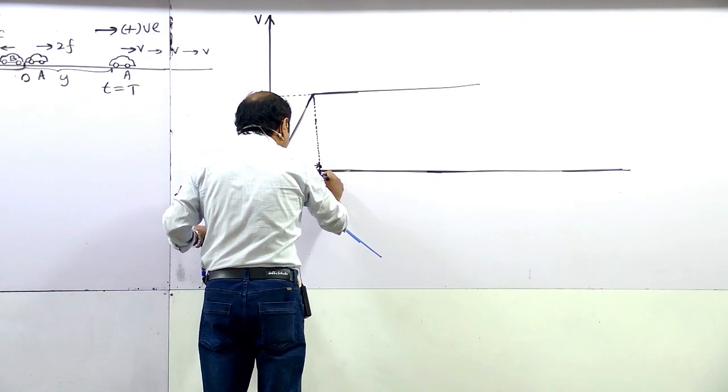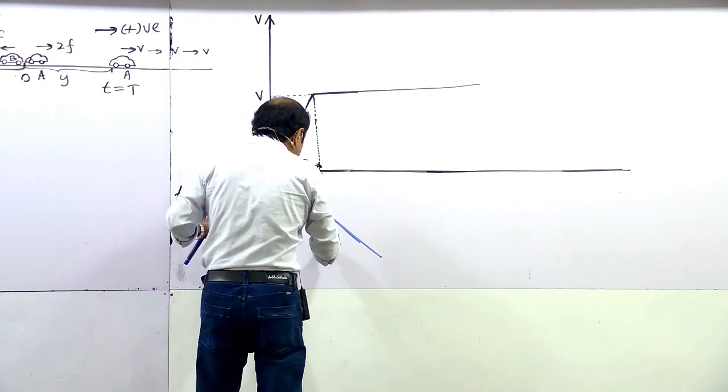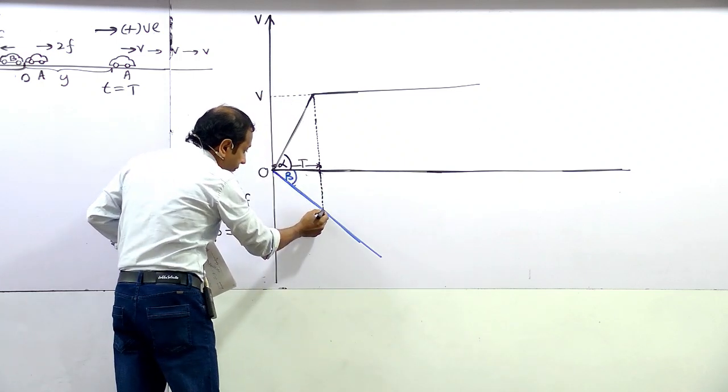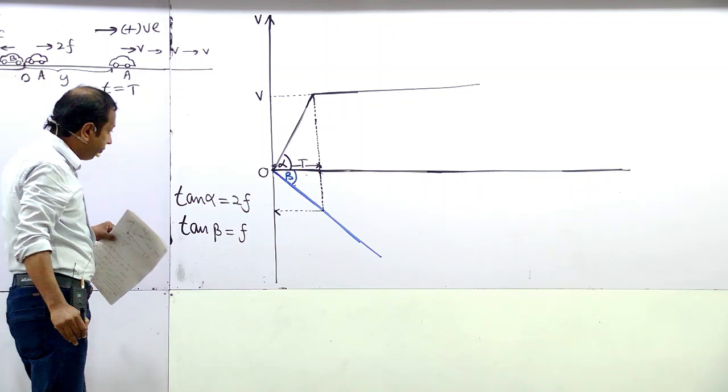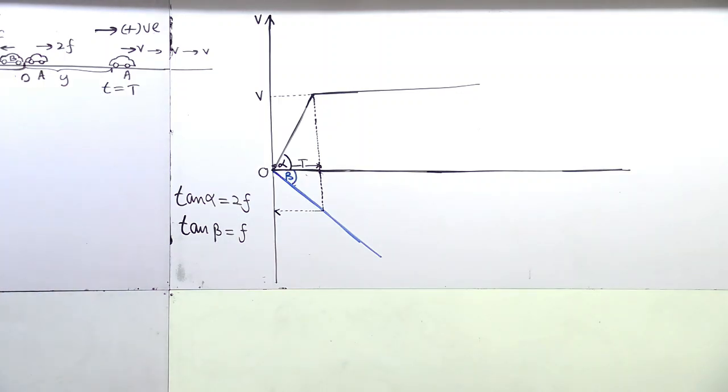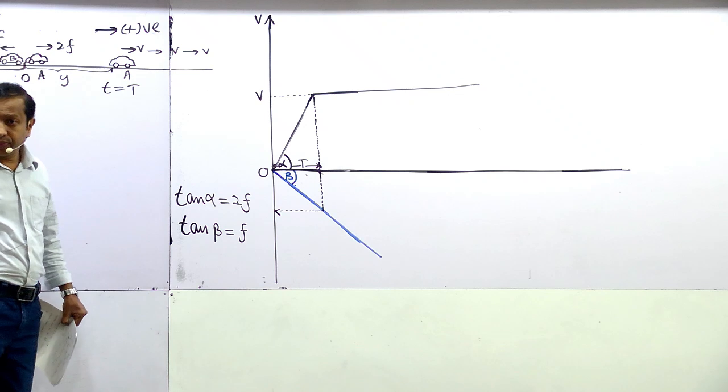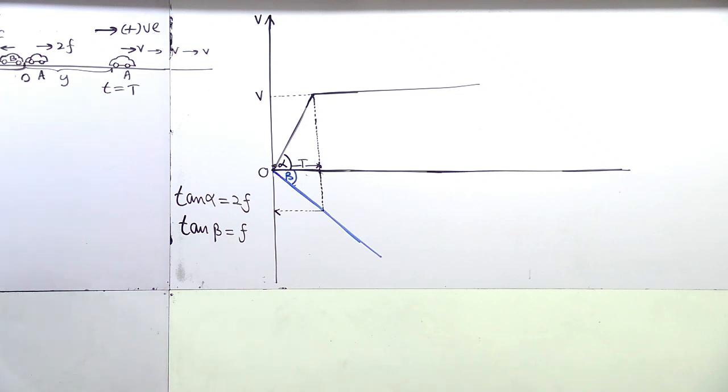Velocity of B at time t we can calculate here. This velocity only, people, I have taken as at time t. Velocity of B only I took as w. Clear? At time t, velocity of B I took as w.